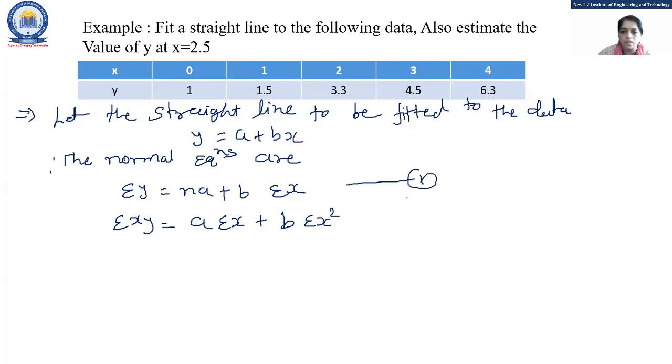As you all know, this is our equation 1, this is our equation 2, and n is the number of observations, that is 1, 2, 3, 4, and 5. So here n equal to 5, right?